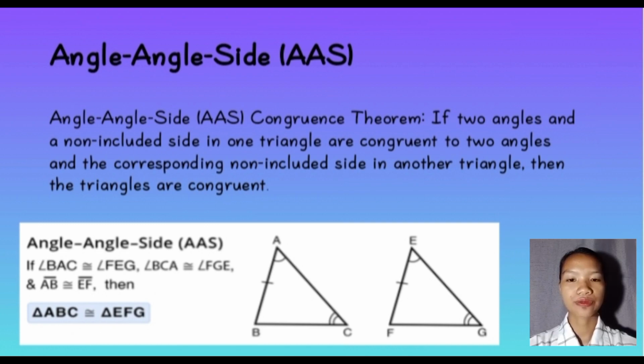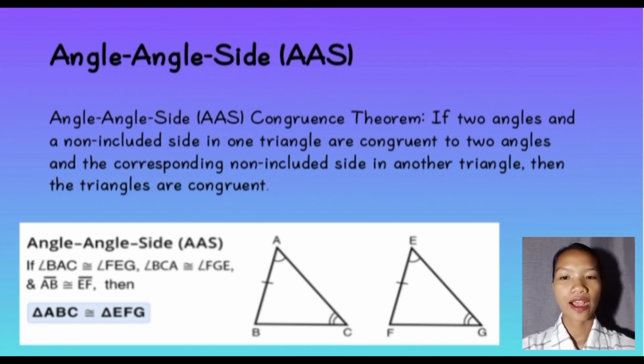Example: if angle BEC is congruent to angle FEG, angle BCA is congruent to angle FGE, and line segment AB is congruent to line segment EF, then triangle ABC is congruent to triangle AFG.